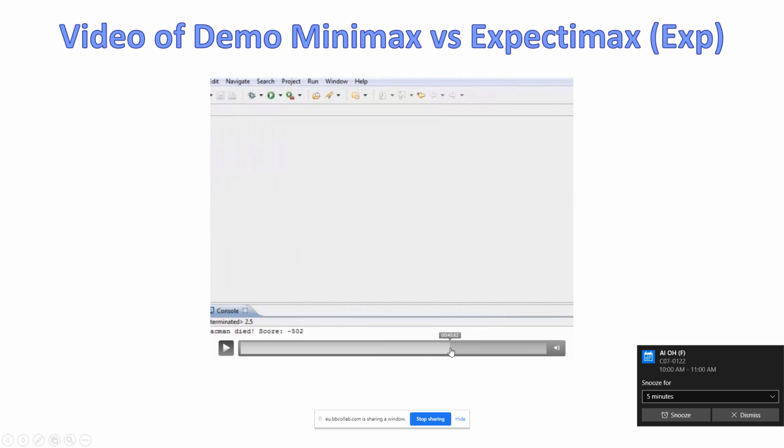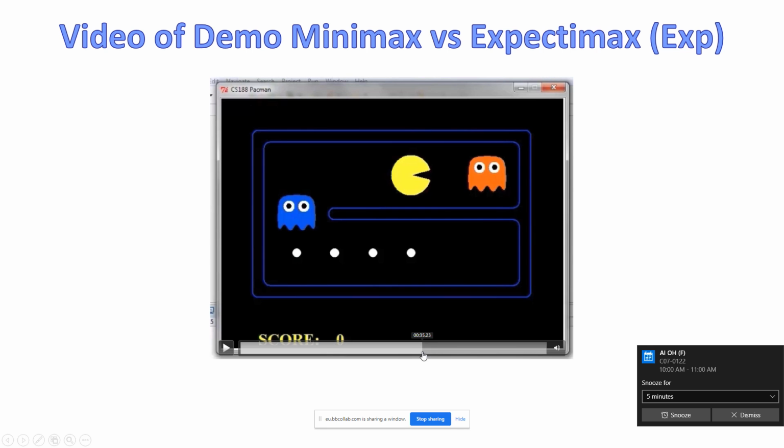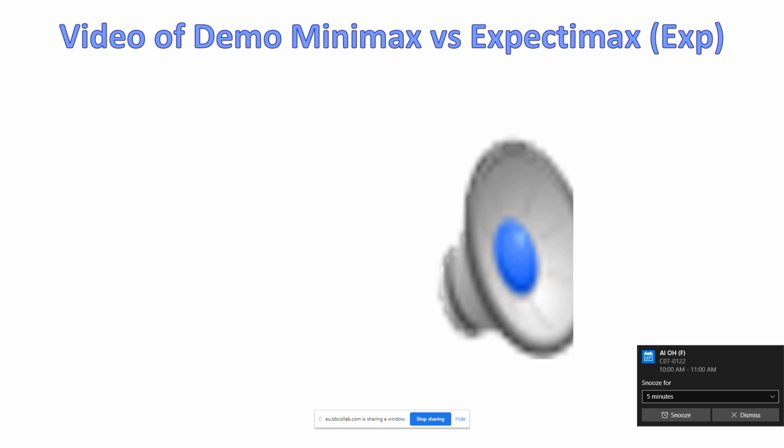So in this case, Pacman decided to go left. Let's see what will happen. Now the ghost actually moved towards him. It can happen, right? Because there is a chance, in that case Pacman will be killed with a score that is lower than suiciding.